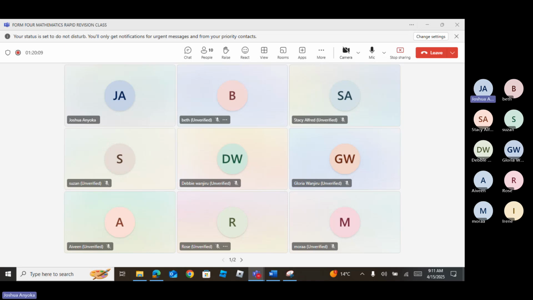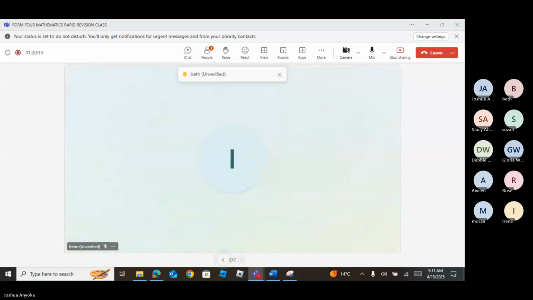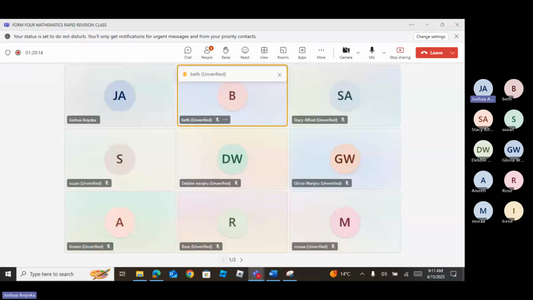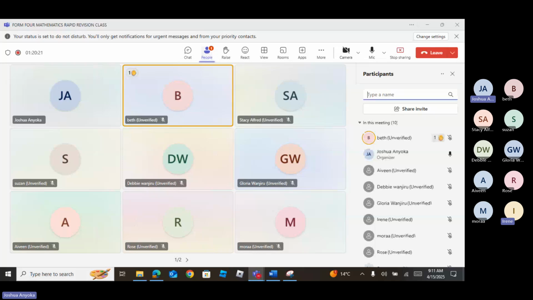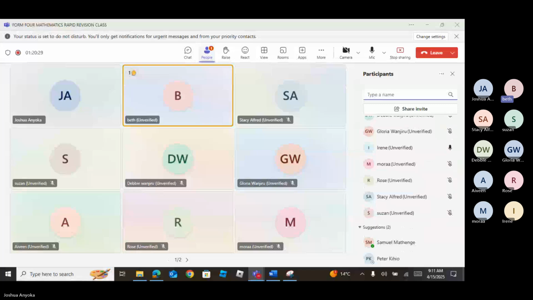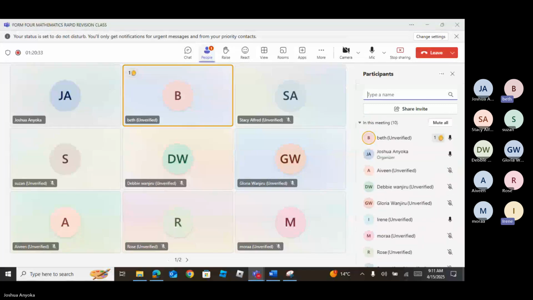Wait, I'm wasting time. Irene. Beth, can you see your hand? Principal plus bracket 1 minus rate of 100 raised to number of years.